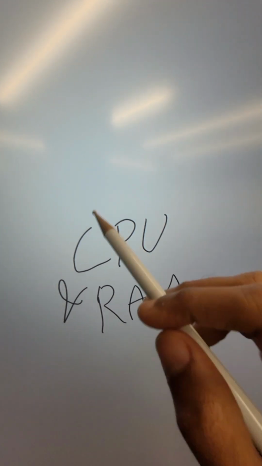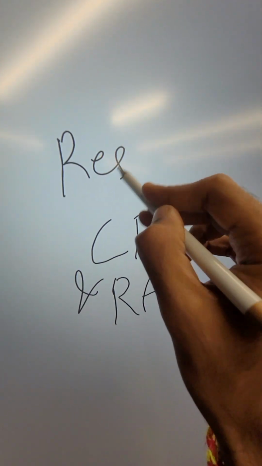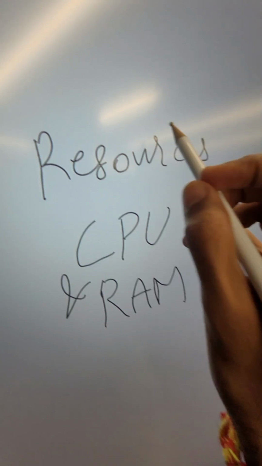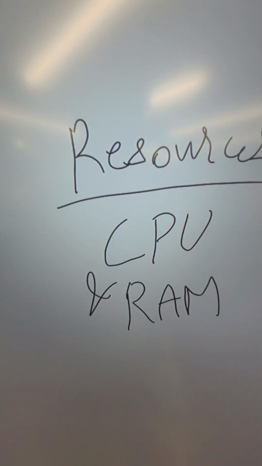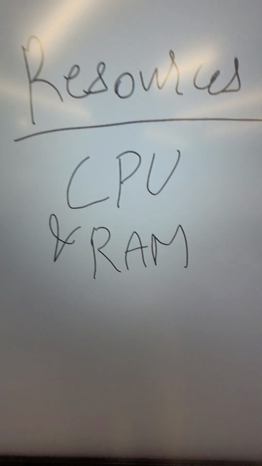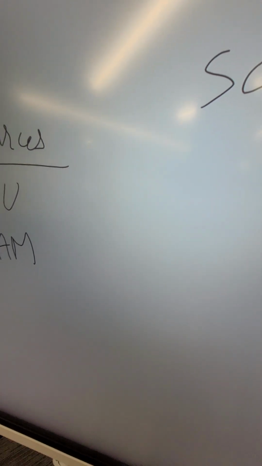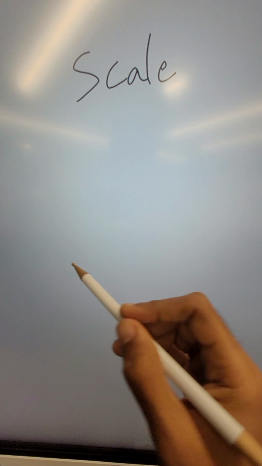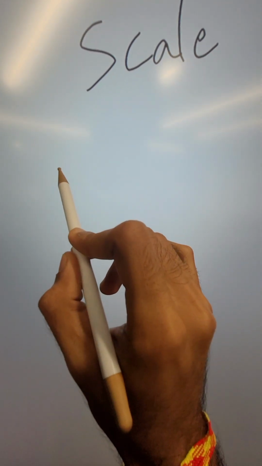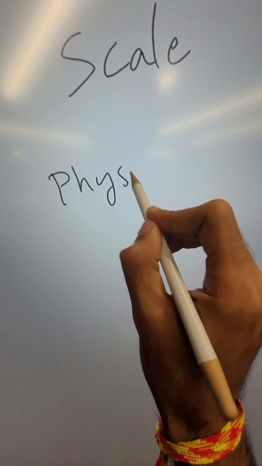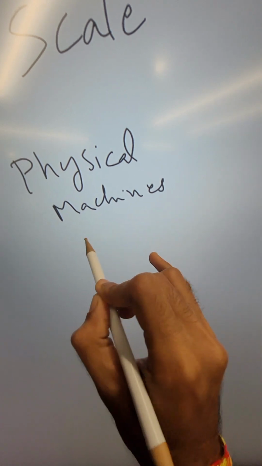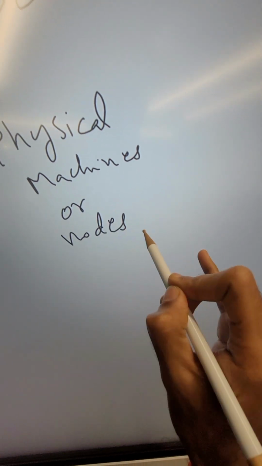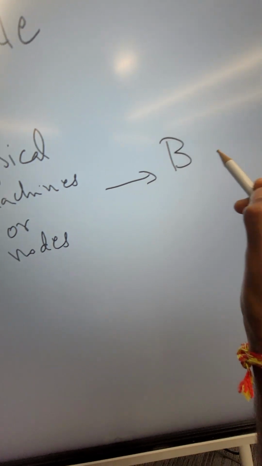So, when people say scaling, they mean scaling resources, and in this case, I'm specifically taking up compute, the CPU and RAM. So, how can you scale, right? For example, if you have a private cloud or public cloud, and let's say you have physical machines, or nodes, basically bare metal, right?